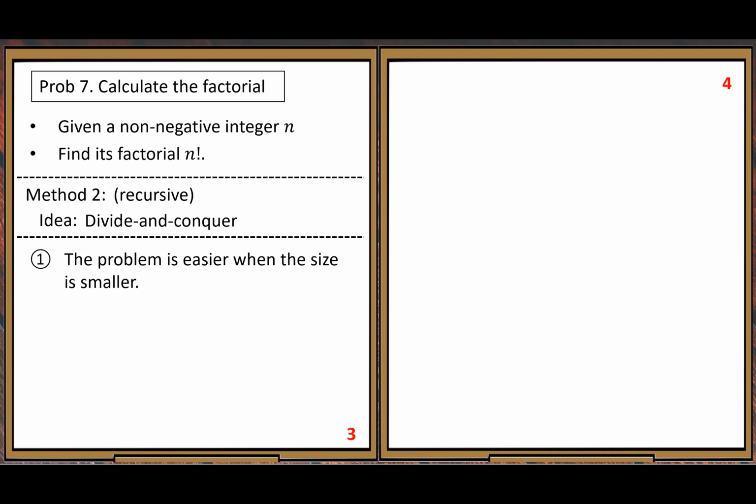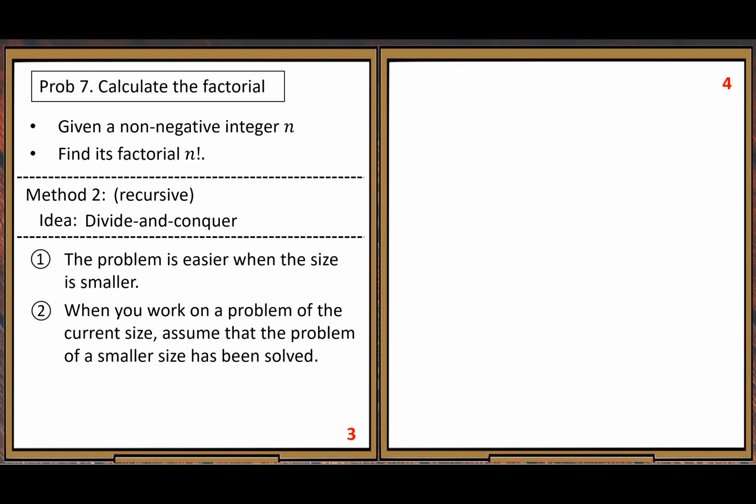Number 2, the divide and conquer way: when you work on a problem of the current size, assume that the problem of a smaller size has been solved.